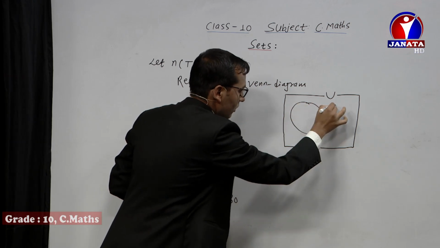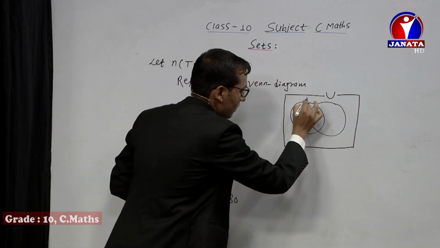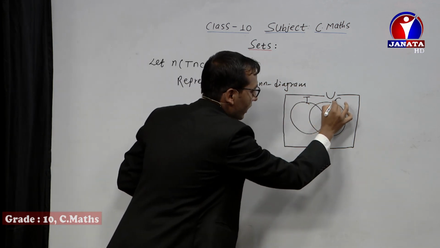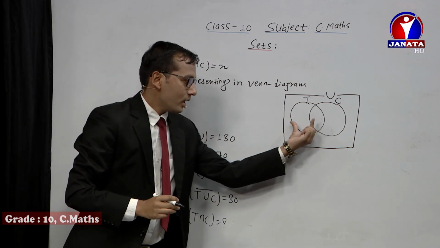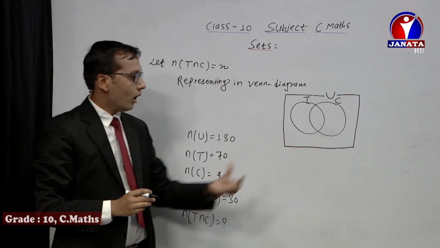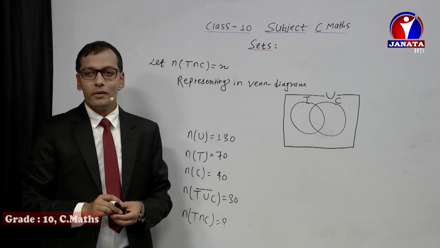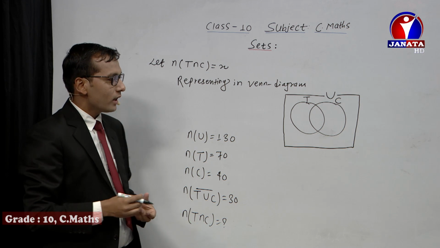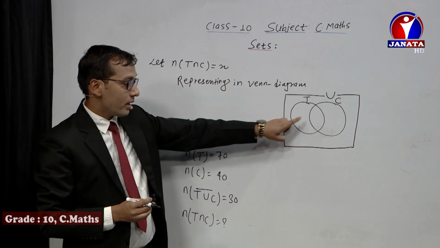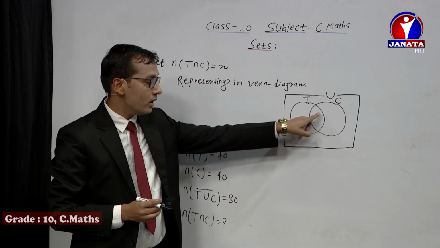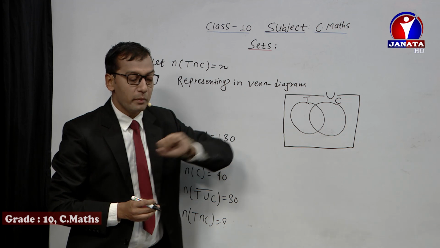Let's draw two sets: first is T and second is C. As I said in the previous class, under the universal set U there are four different regions. First region is only T, second is the intersection of T and C, third is only C, and the last one is the complement.